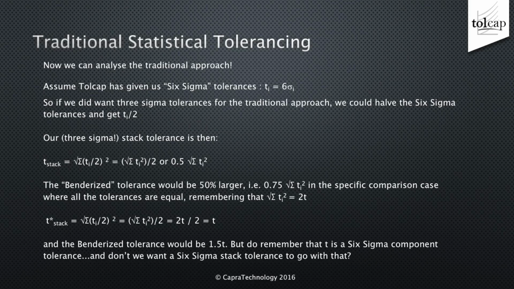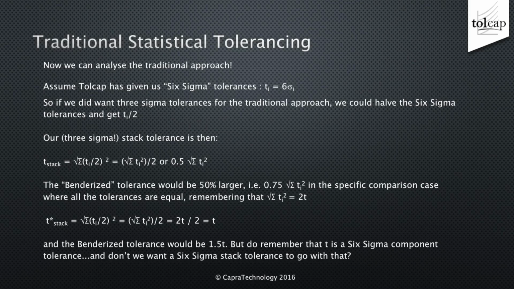Our 3 sigma stack tolerance then, T stack, is the root sum square of half the tolerances squared, or 0.5 the root sum square of the tolerances. The benderized tolerance would be 50% larger, i.e. 0.75 the root sum square of the tolerances.